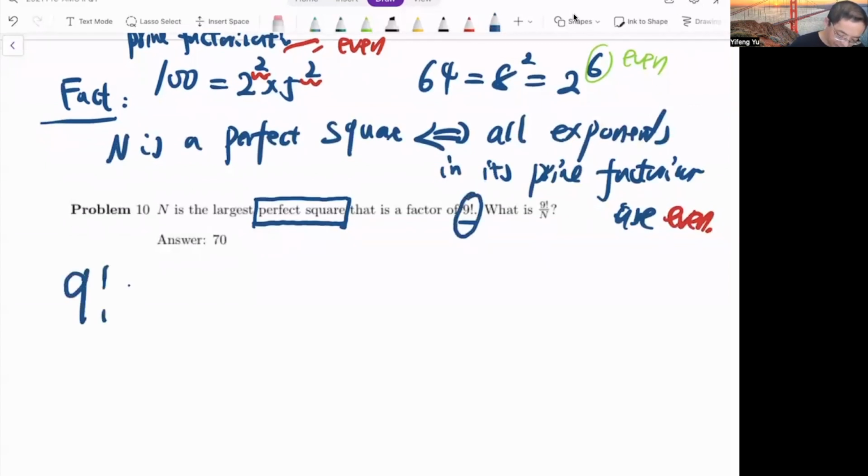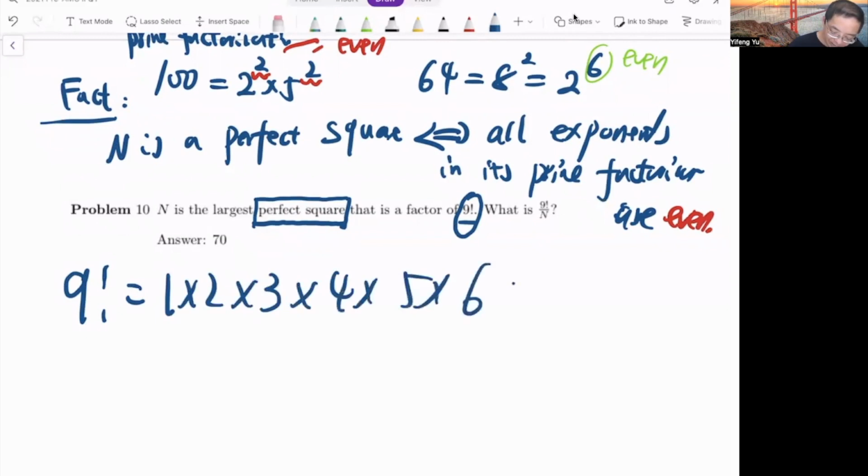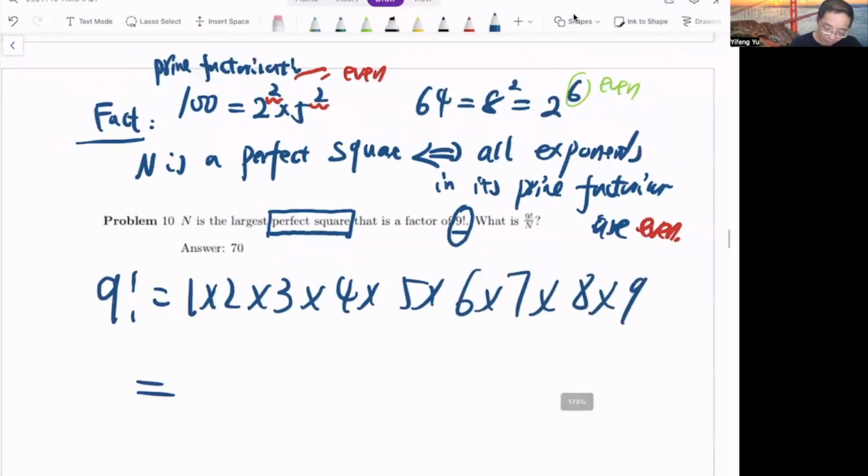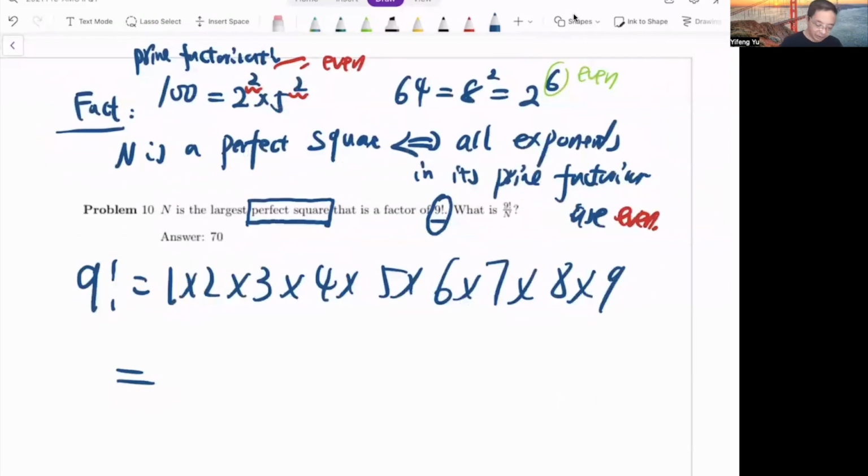Then let's do the prime factorization of 9 factorial. 9 factorial is 1 times 2 times 3 times 4 times 5 times 6 times 7 times 8 times 9, right? Let's write out its prime factorization. Obviously 2 is a prime factor.